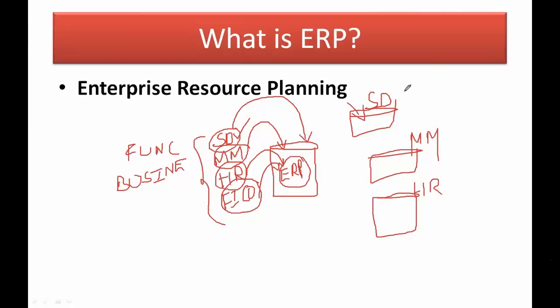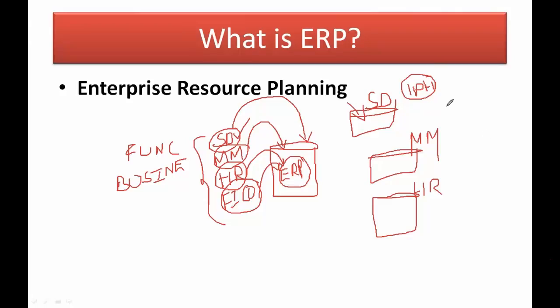For example, I created a sales order. One customer wants to purchase an iPhone through eBay. Whenever the customer pays money through eBay, what do they do first? They check whether they have the product available and ready to dispatch or not.